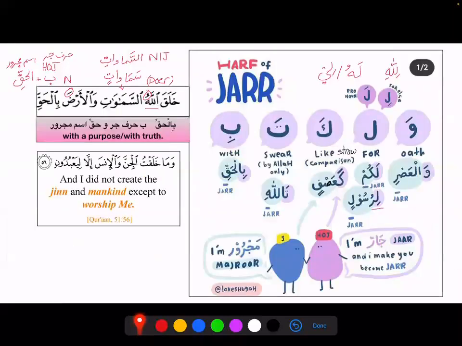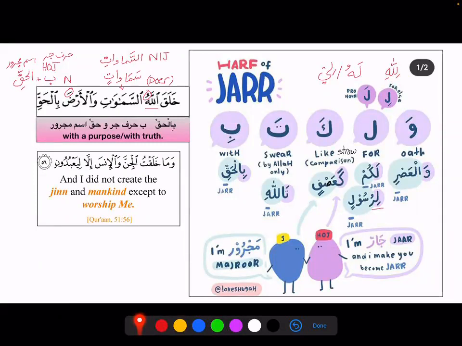And then again, waw for oath, lam, as I said, lam can have different roles. Now lam, when we are saying that this is harfu jar, what is going to happen is that when it gets attached to an ism, it is always going to take the e sound.